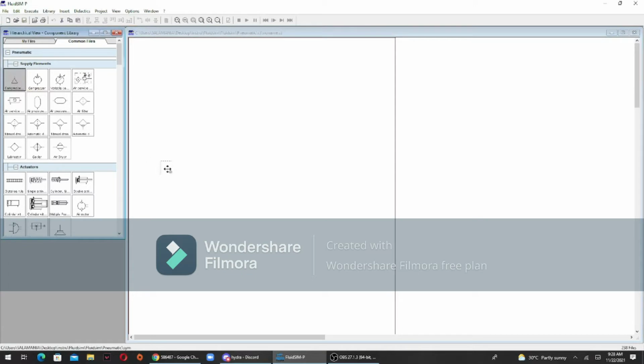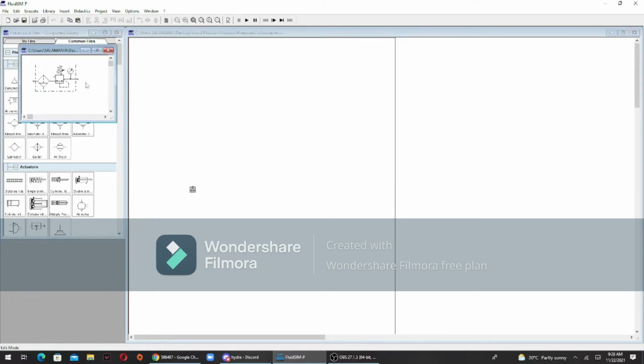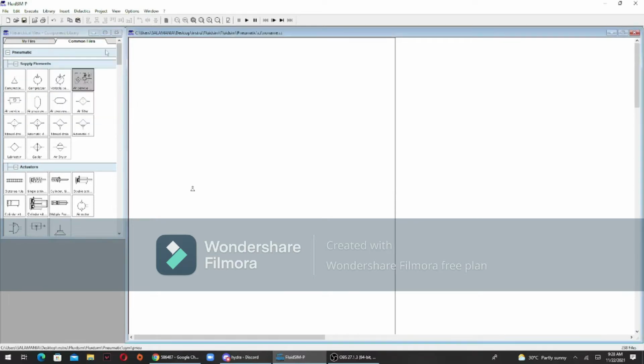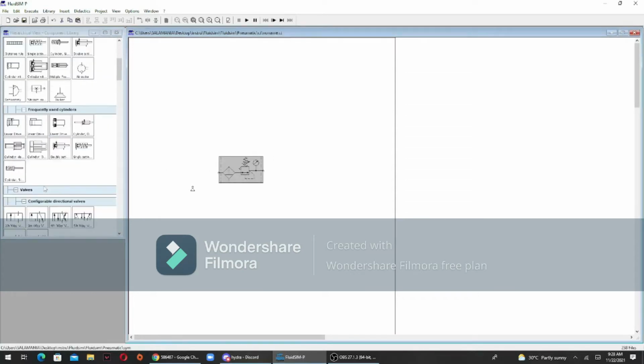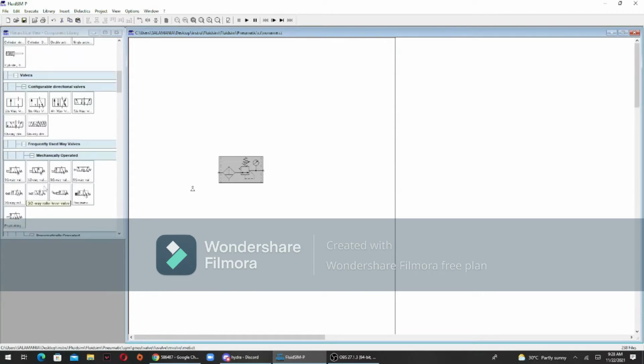First, you need a compressor, air service unit, three-way manual valve, and a push button.